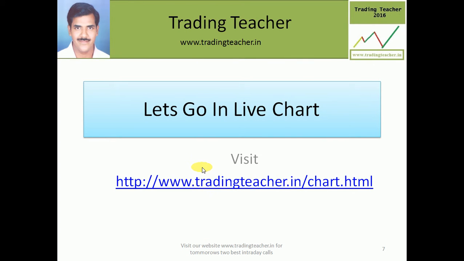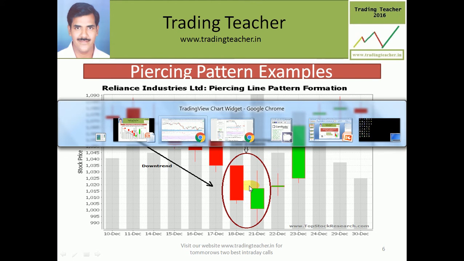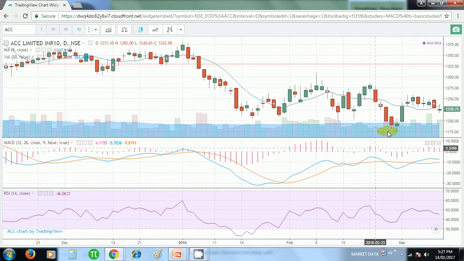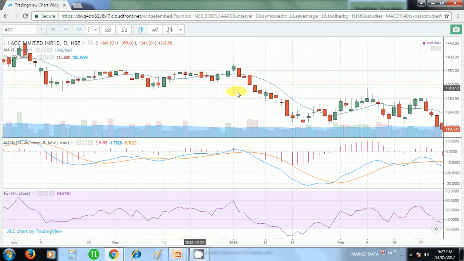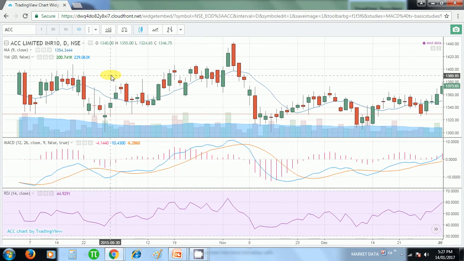The trend was down and making a low, and the market should close above 50% of the previous candle. Look here: this did not make a low, so this is not a piercing pattern. We have to search for another piercing pattern, so don't get confused.